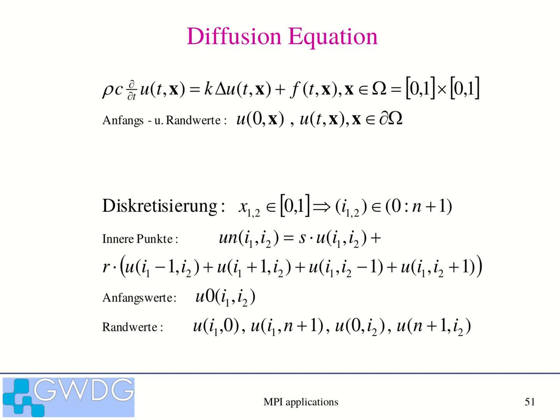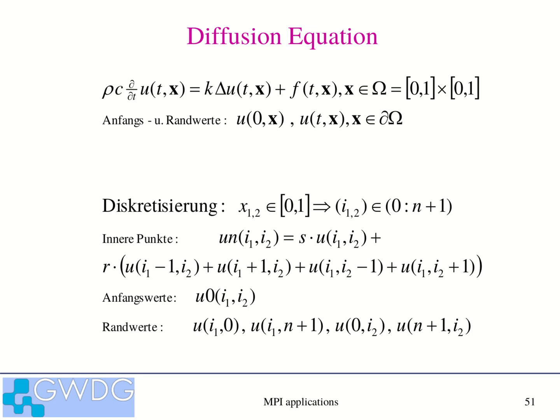You have a small time step, a small distance between the grid points, and you can calculate the value at the next time step from the values at the previous time step by this equation. At one point in the grid, the value of the temperature will be proportional to the old value plus the average of the property at the neighboring points.